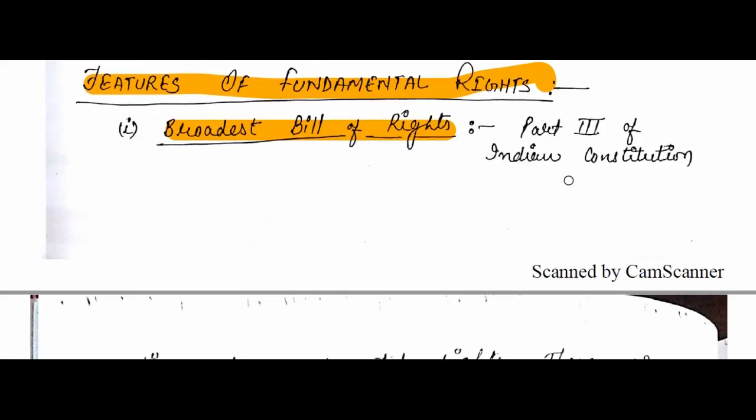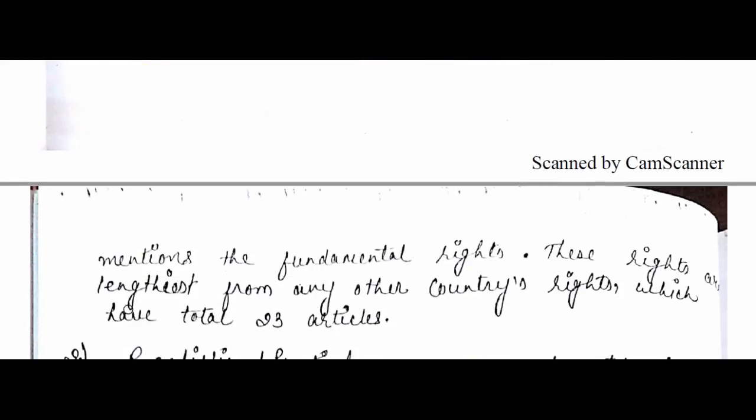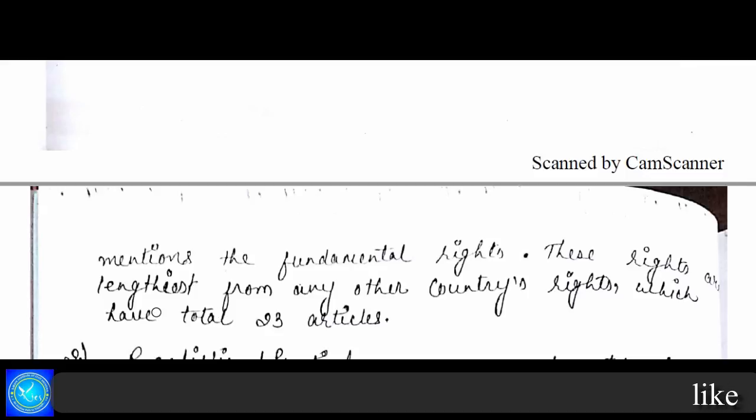Part 3 of the Indian constitution mentions the fundamental rights. These rights are the lengthiest of any other country's rights, with a total of 23 articles. So broadest means the number of rights which the Indian constitution has given us is the broadest. That is its first feature.